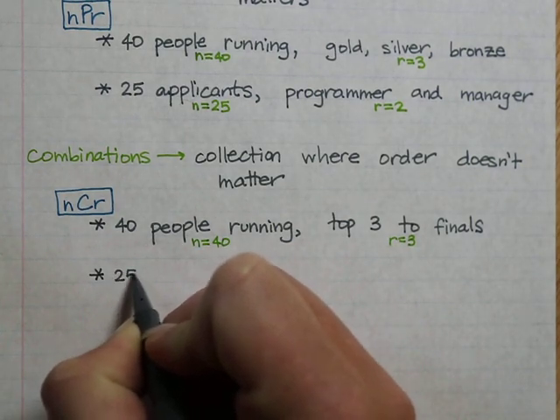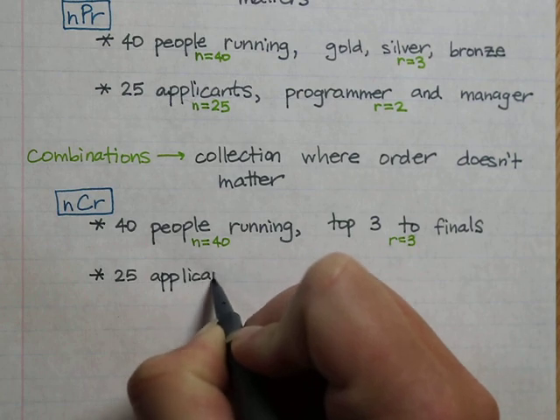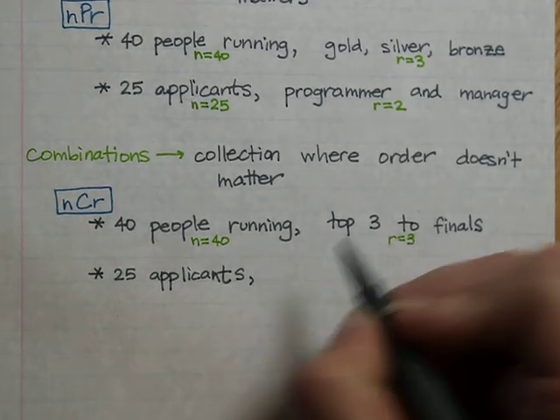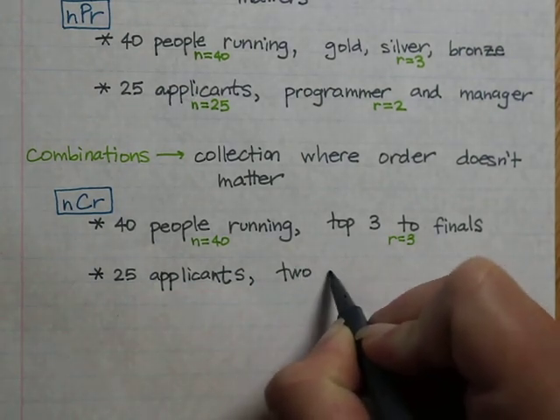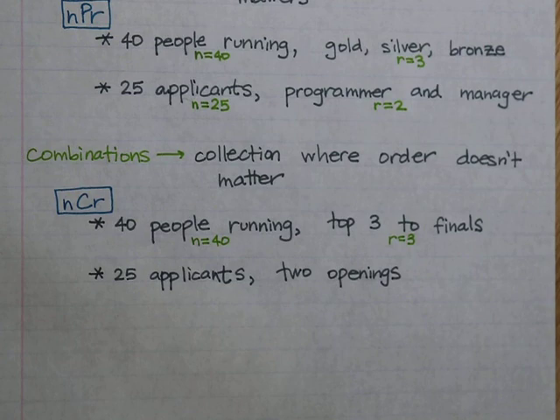We maybe have 25 applicants, but instead of looking for a specific person to be the programmer and a specific person to be the manager, now we have 2 openings. Maybe they're both programmers. It doesn't matter the title, you just say, hey, I'm going to take 2 people.